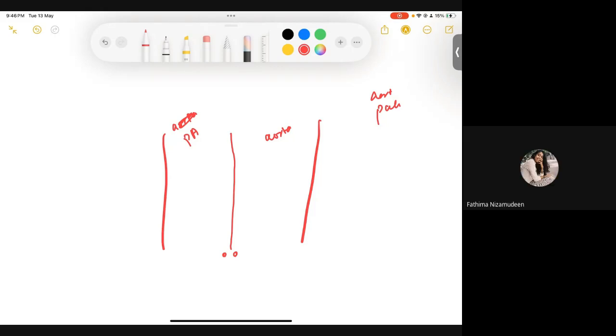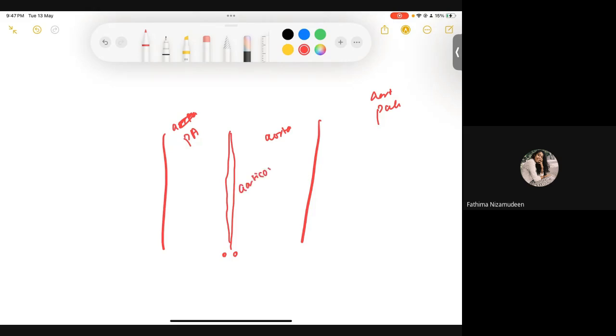So can I say that endocardial cushion cells help me to make my interatrial septum? It helps me to make my tricuspid valve. It helped me to make my bicuspid valve. It helped me to make the membranous portion of your ventricular septum. It helps me to make the septum between your aorta and pulmonary artery, that big vessel, which is known as aorticopulmonary septum.